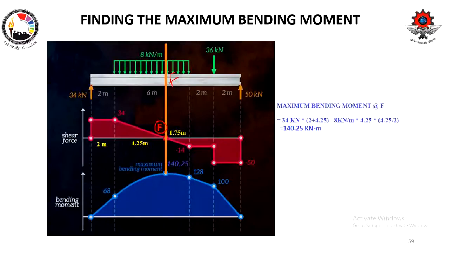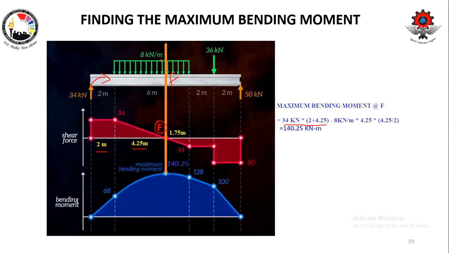So 34 kilonewton is going to travel the distance from F to this point. What will be the distance? That is 2 plus 4.25, so 34 kilonewton into 2 plus 4.25.